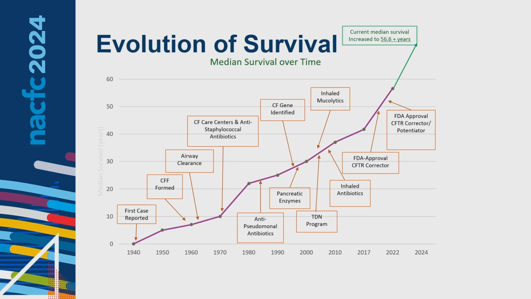And so for folks who were born before 2019, their median survival is about 57 years. But what we also know is that for folks who have been born 2019 forward, they actually have a median survival of 61 years, which is marching closer and closer to the median survival of the average person in the United States, which I think is quite remarkable.